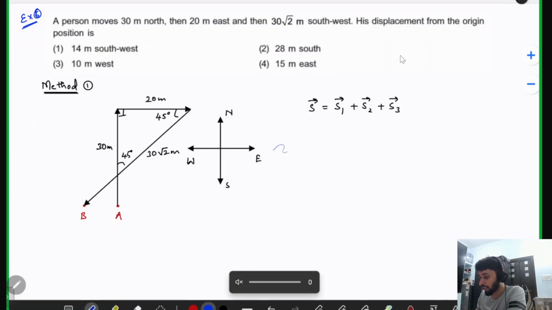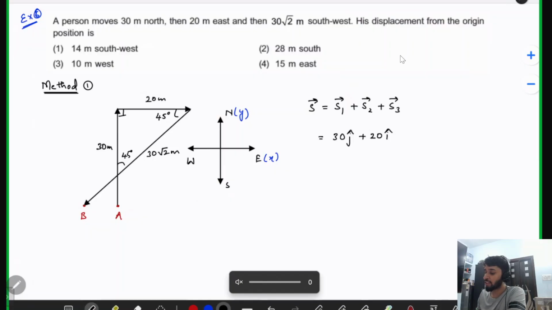So east we take as positive x-axis and north we take along positive y-axis. Now the first displacement s1 bar is 30 meter north, so that becomes 30 j cap. Then s2 bar is 20 meter east, so that becomes plus 20 i cap.